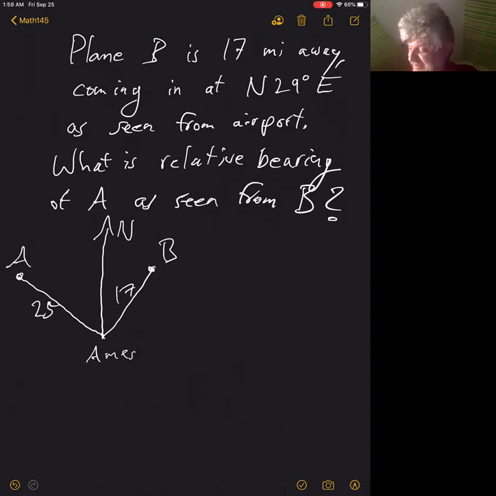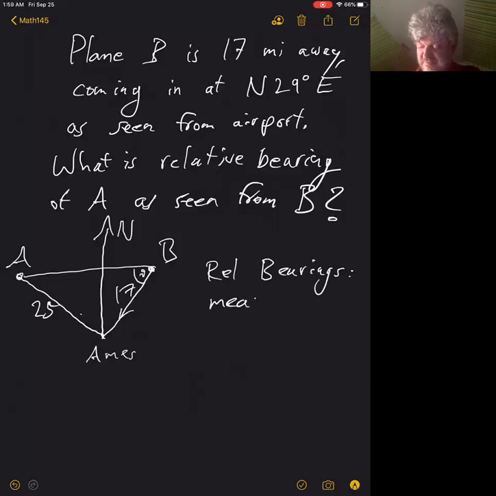What we're after is the relative bearing. So given that plane B is traveling towards the airport, we are looking at this angle. What's the measure of that angle? Call it theta, the measure of theta.